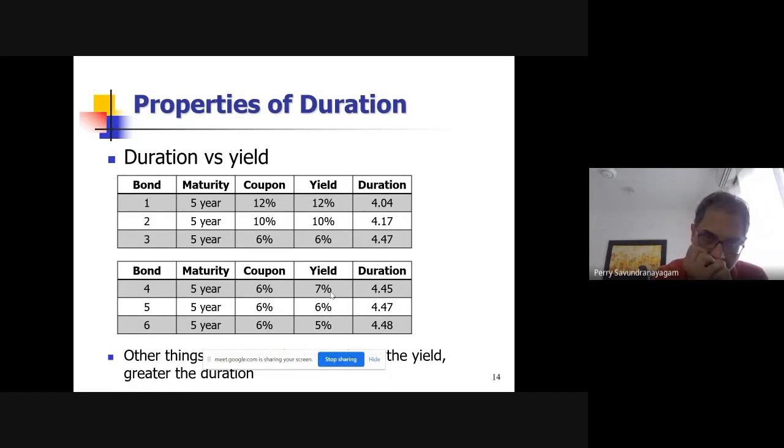Now technically what is happening to the duration of the bond? It's reduced. Correct. So this is how you measure the impact of yield change on your portfolio.